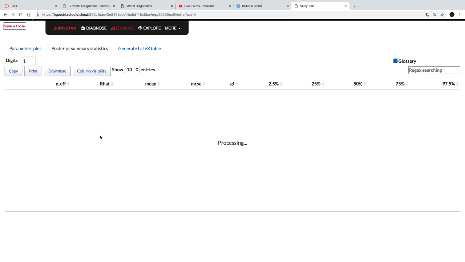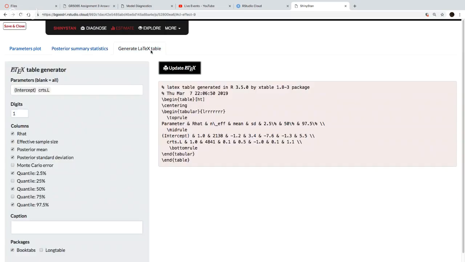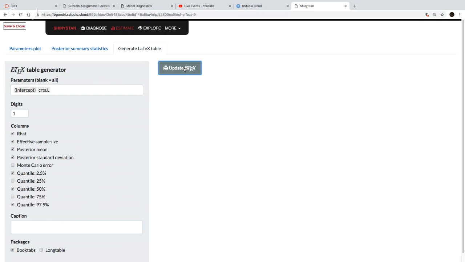You can get this version of the posterior summary in here, and that also enables searching by regular expression if you have something with way too many parameters to be looked at in one table. If you need to generate LaTeX to put it in a journal or something like that, you can click on this thing and then click on that.